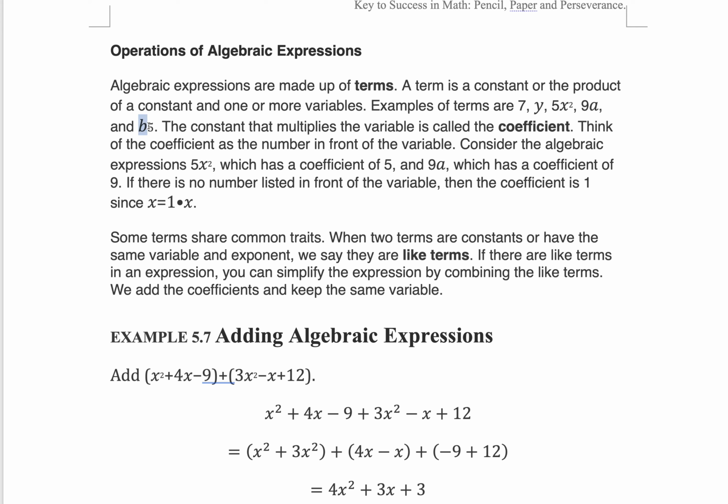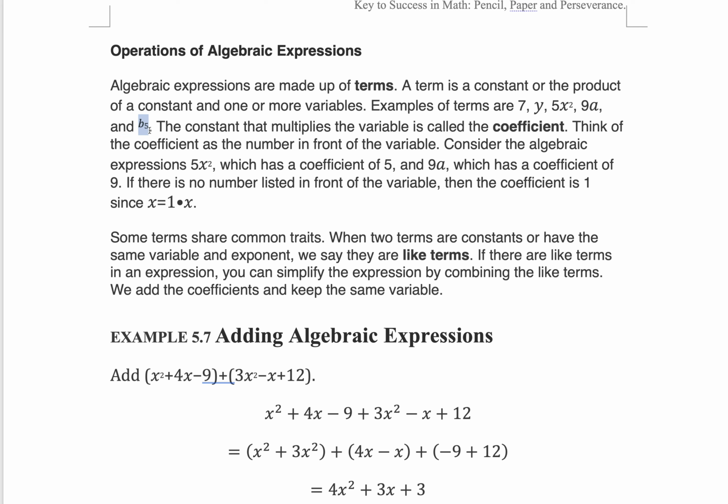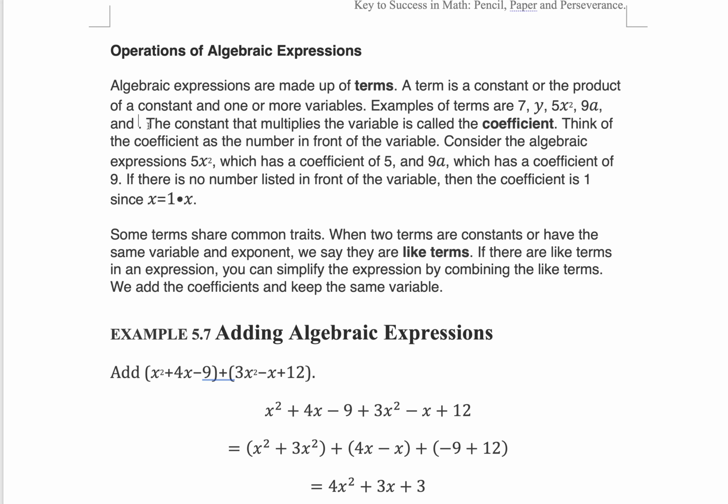I can fix this part quickly. Actually, I did not do it correctly. Make sure you understand this part. I'm talking about b raised to the power of 5. It is a term. That's what I'm saying here.